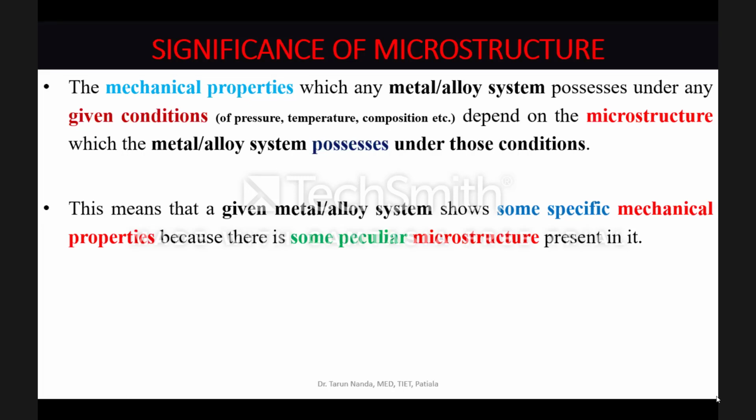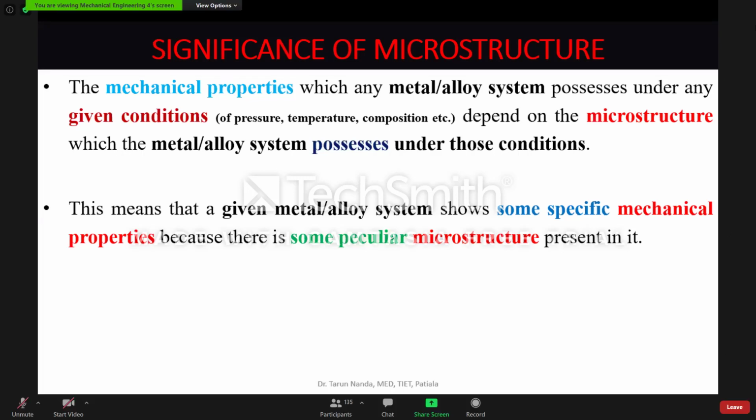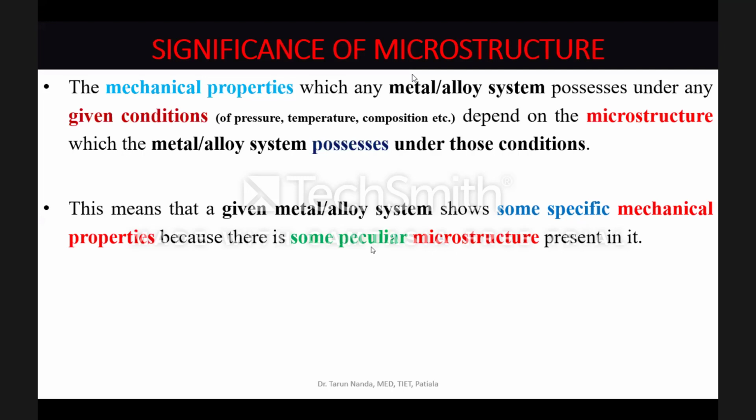For example, if a mild steel specimen held by you at room temperature conditions is showing you very good ductility and moderate strength, whereas cast iron is showing you exceptional compressive strength but very poor tensile strength and very poor ductility, it means that this mild steel sample and this cast iron sample have got some peculiar microstructures present in them, and these microstructures are very different from each other. That is why these two samples are showing very different properties to you.